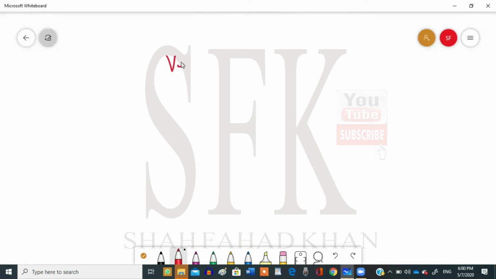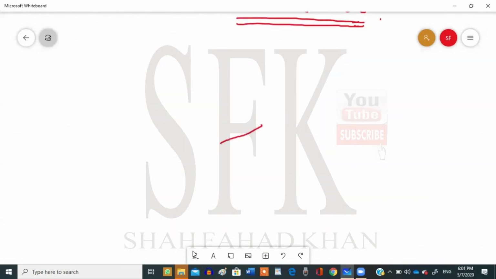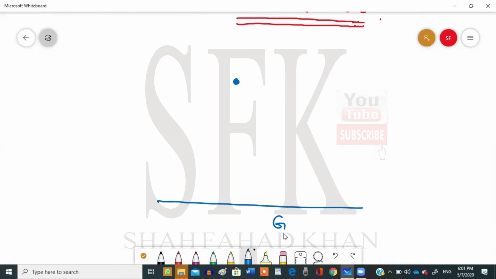First case is vertical circle. What happens in case of vertical circles? In case of a vertical circle, an object moves in a vertical circle. This is the ground over here, and vertically, an object is moving over a circular path.